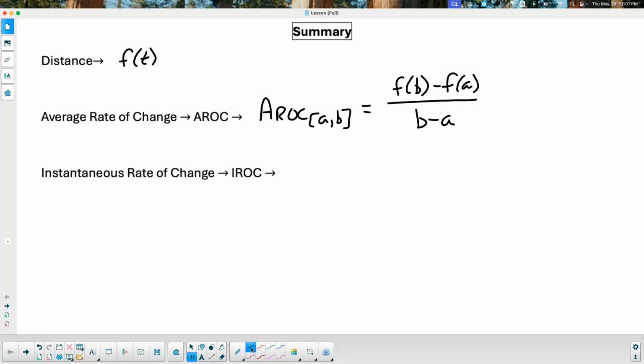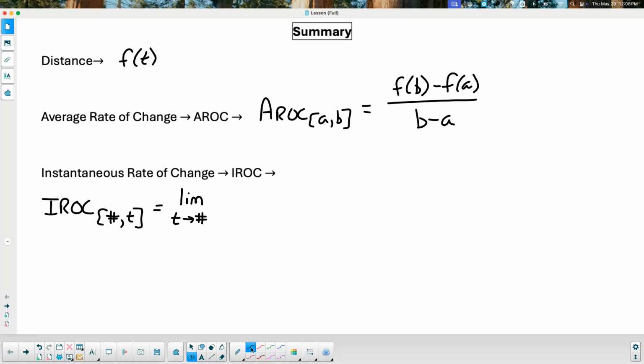And then we started it on Tuesday. And on Tuesday we said that the IRoC from some number, I'll just call it number, to t, was the limit as t approached that number.